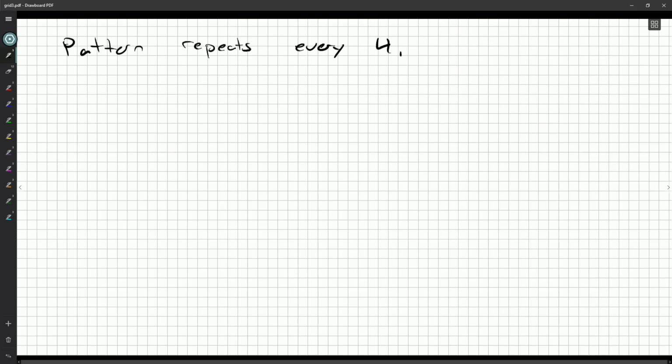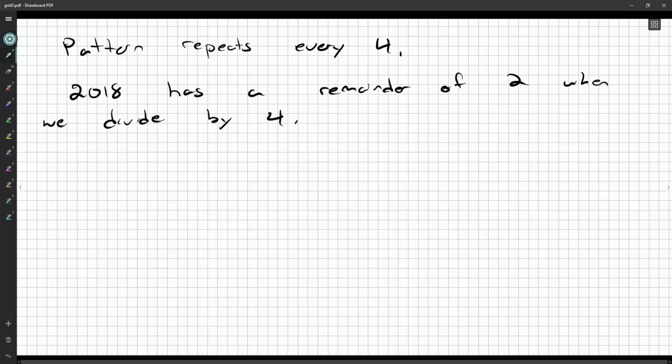So 2018 has a remainder of 2 when we divide by 4. How do I know that? Well, I ask, are the last 2 digits a multiple of 4? Oh, they're not, so this isn't a multiple of 4, but it's even.